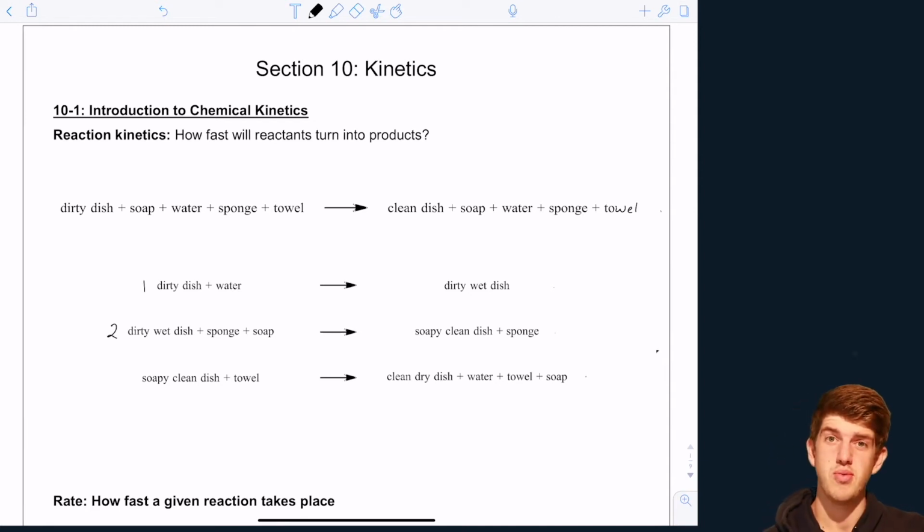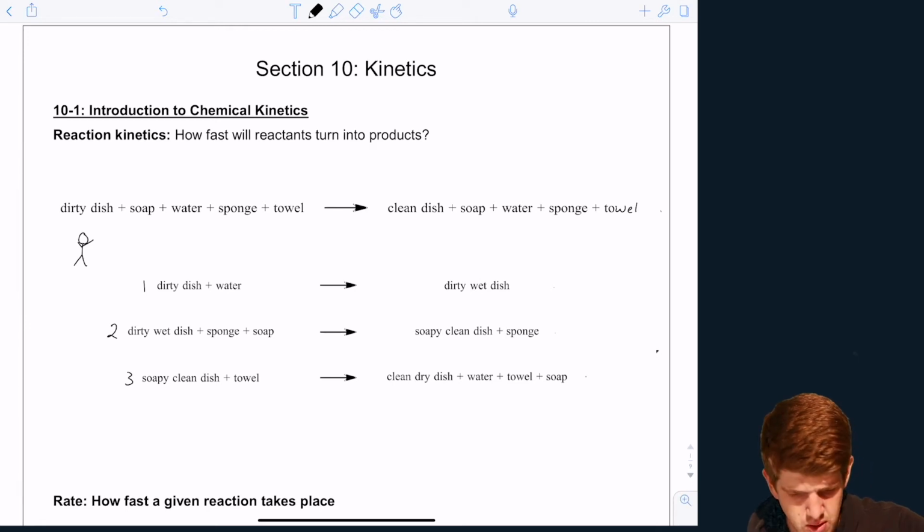Now, do all 3 of these steps occur at the same exact speed? Does it take me the same time to wet a dish, to clean a dish, and then dry a dish? Probably not, right? So let's just consider here, let's say you have a line of people working to do these tasks.